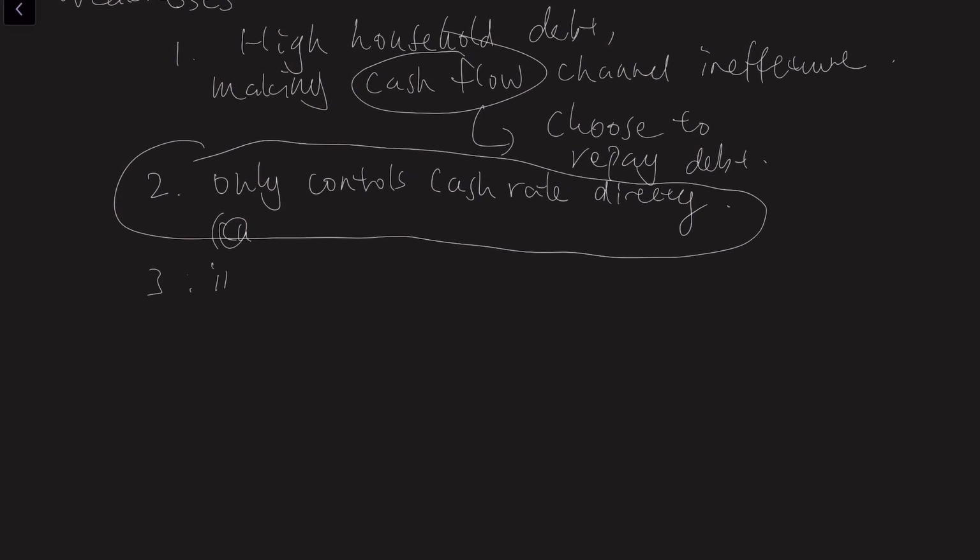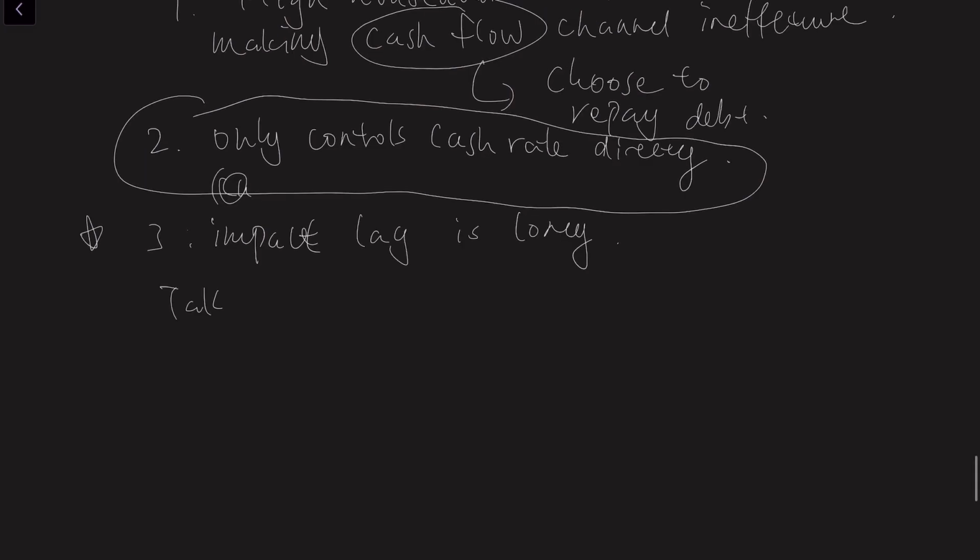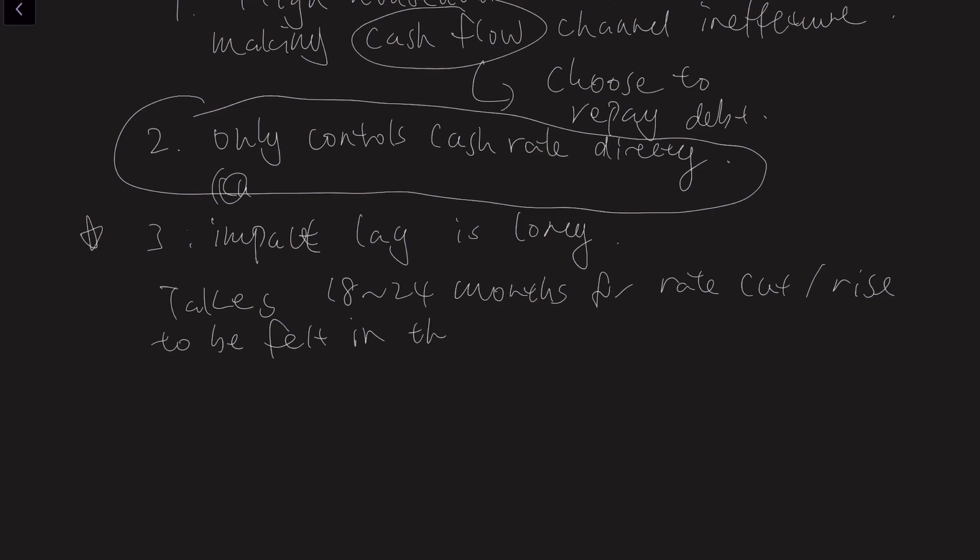So this is a key disadvantage of monetary policy. It's long impact lag. So it usually takes 18 to 24 months for rate cut or rate rise to be felt in the economy.